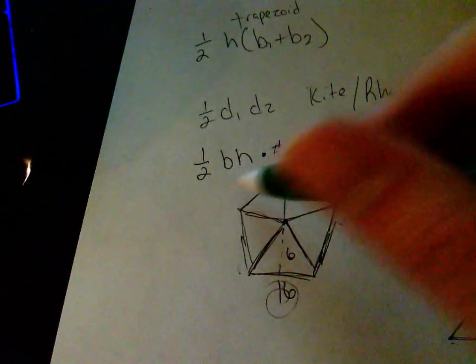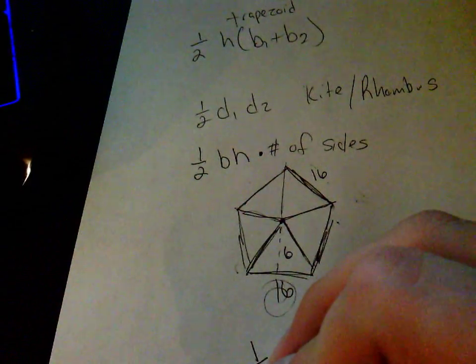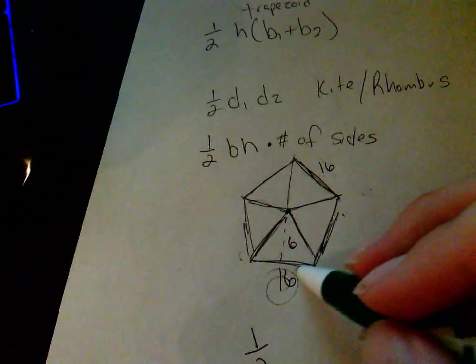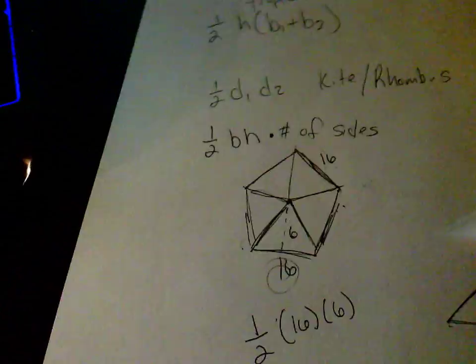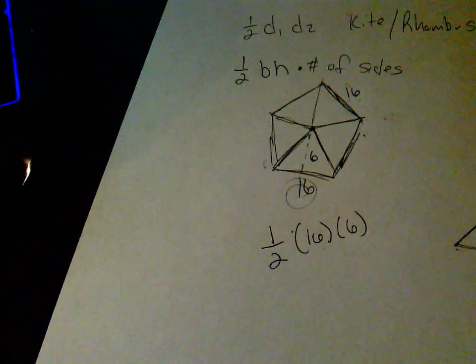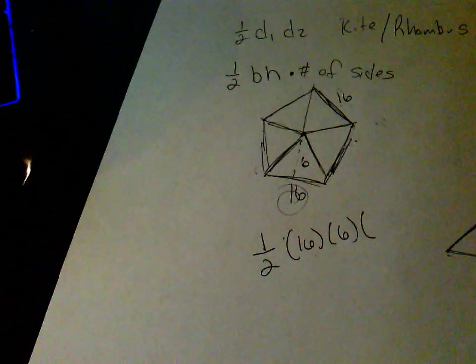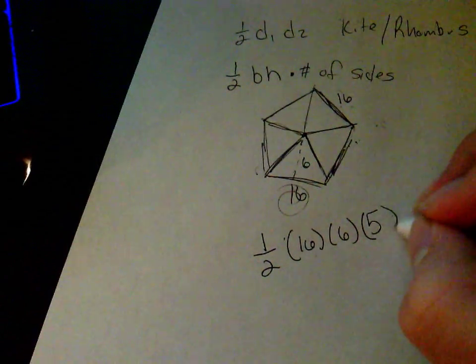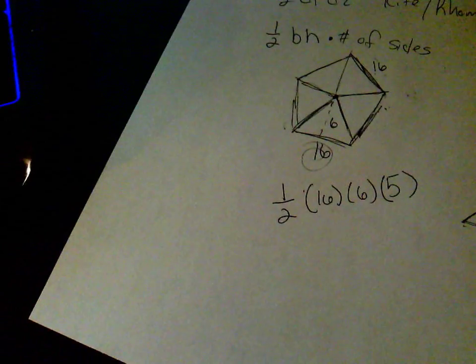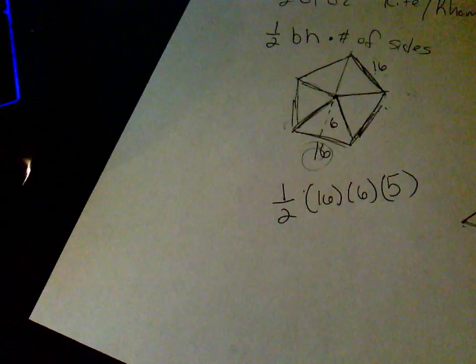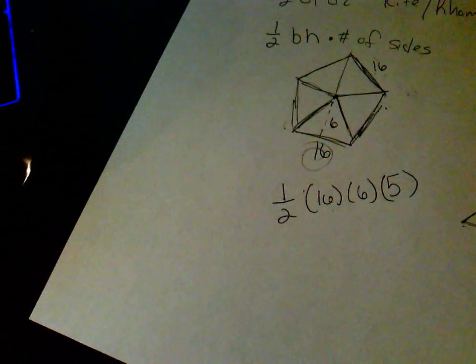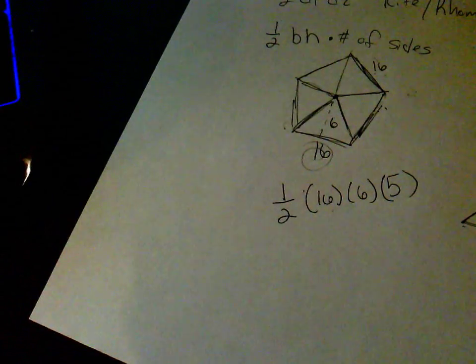But, once again, you're doing 1/2. The base being the sides is 1/2 16 times 6. And then what we also have to do is multiply by the number of sides, which is 5. Okay? So when I do that, so take 0.5 times 16 times 6 times 5, I get 240.